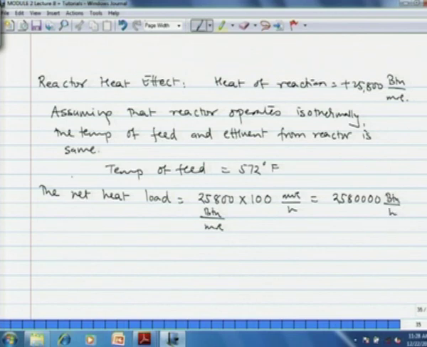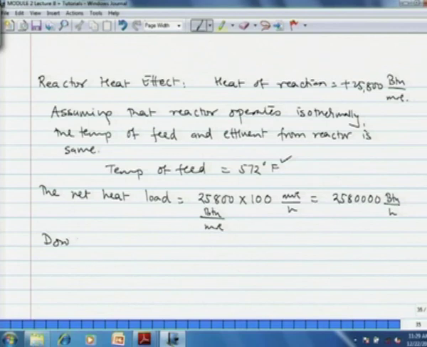We are given the temperature of feed as 572. We assume isothermal operation, that means the temperature is the same at the reactor inlet and outlet, and the Dowtherm vapor condenses at 600 degrees Fahrenheit.